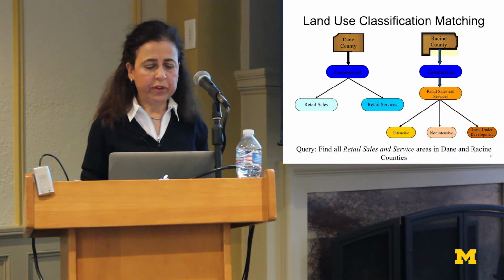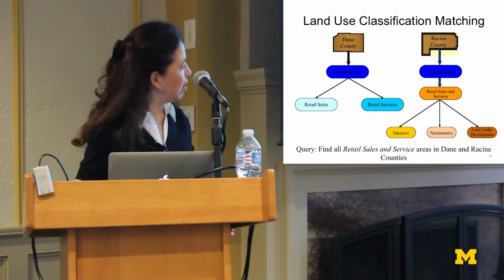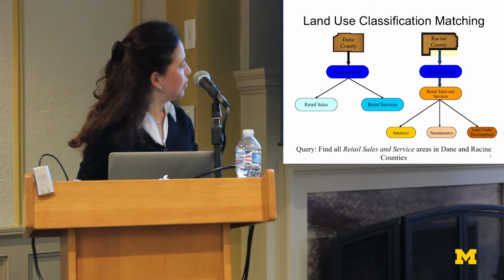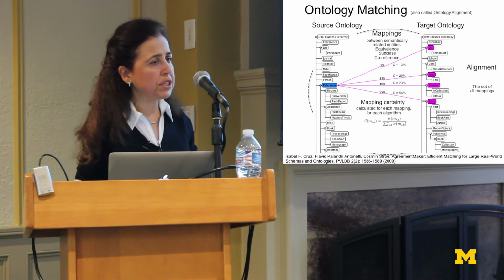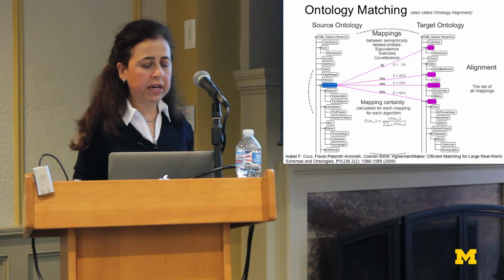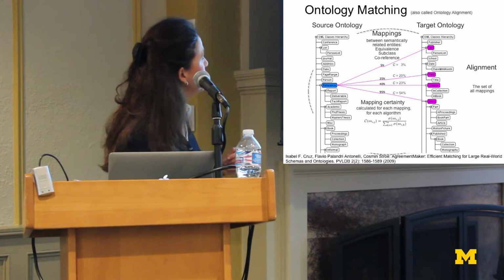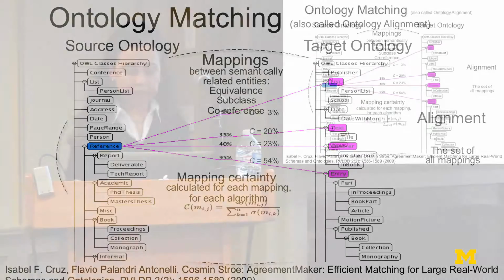So if we extend this idea of the classification codes for land use into something that we call ontologies, basically they organize the domains, and what we try to find is correspondences between a source and a target ontology.